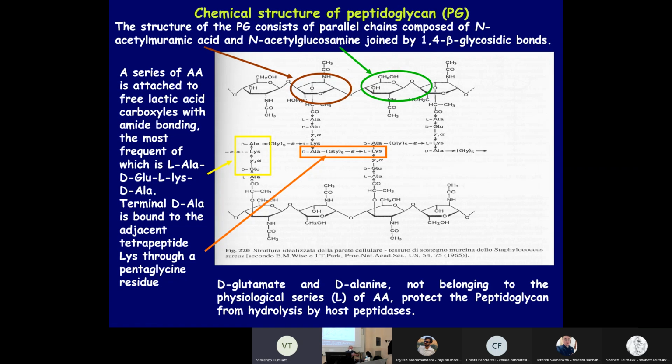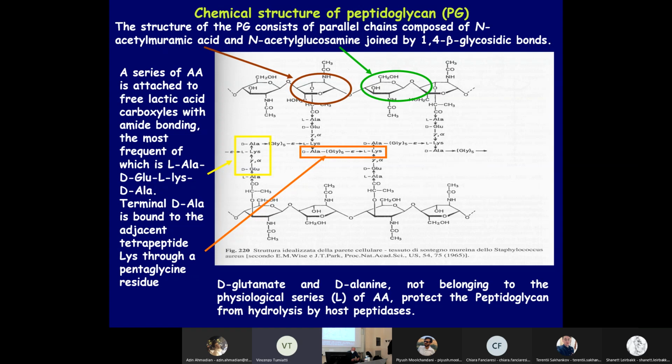So we have two main chains with a lot of cross-linking chains constituted by different amino acids. In particular, there are non-natural amino acids, D-Ala, a lot of non-natural amino acids.